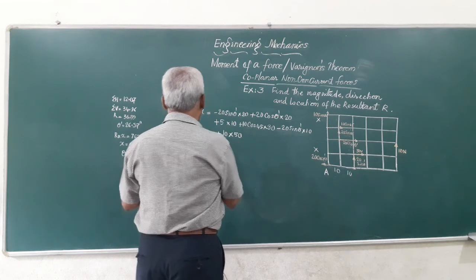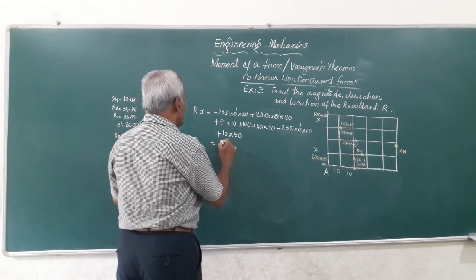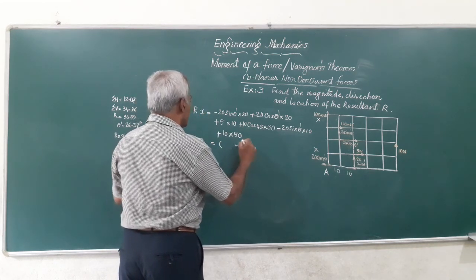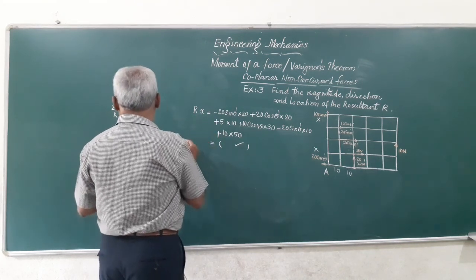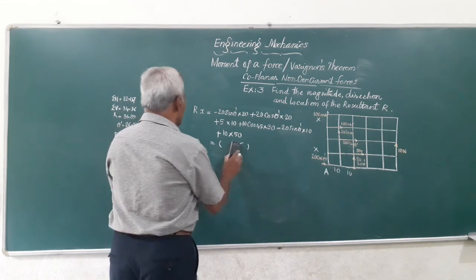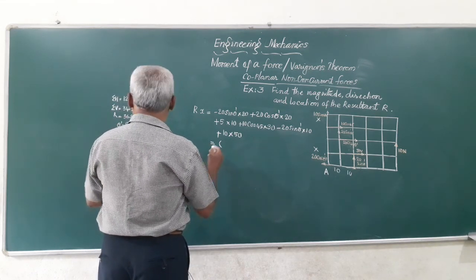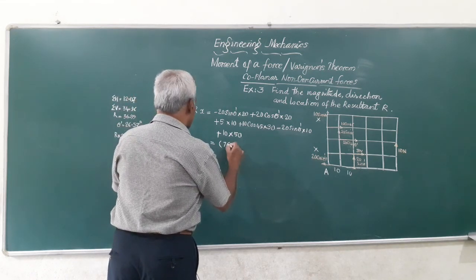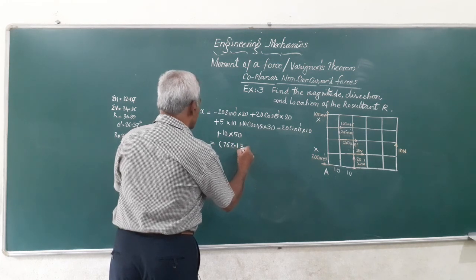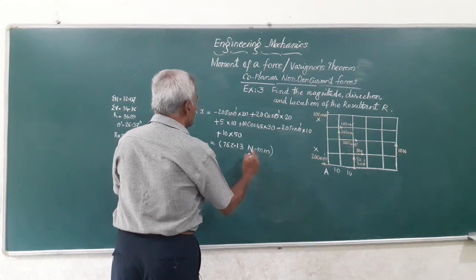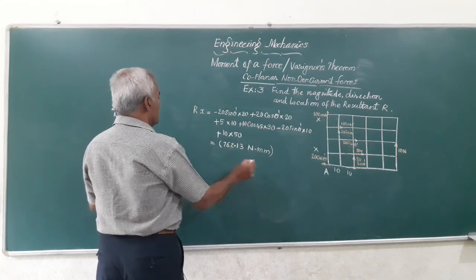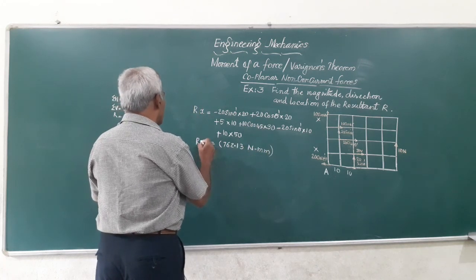So friends, we know the value. So you will get a value. You can simplify this and equate that to R into x. The total value works out to, I can just write down the value also, 762.13 Newton millimeter, because the force we have taken in Newton, distance in millimeter. So that is equated to R into x.